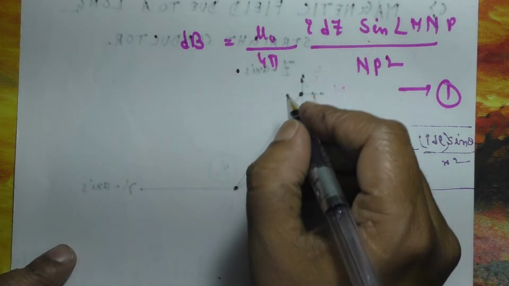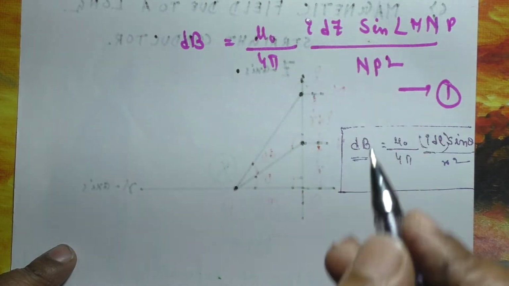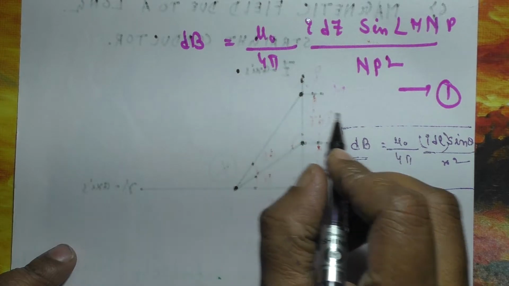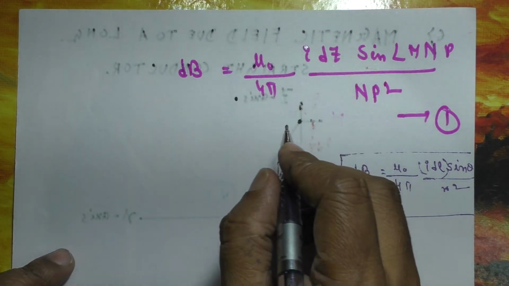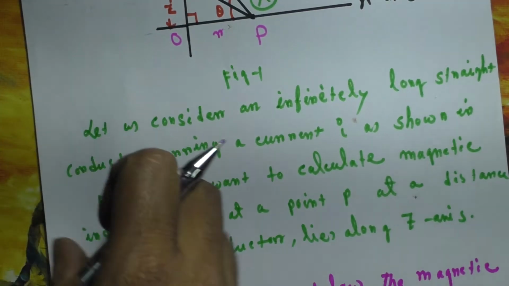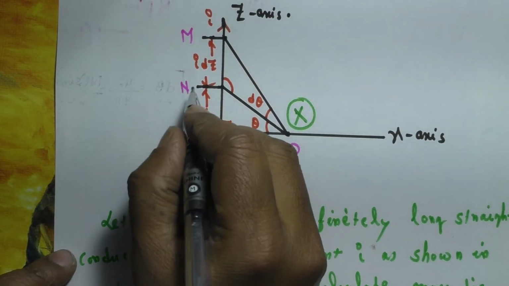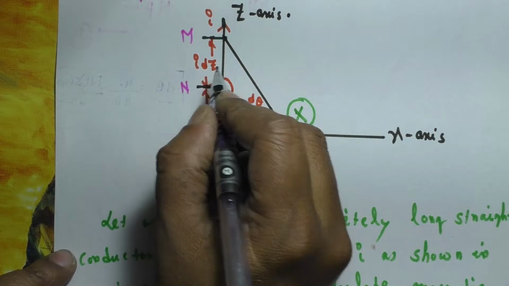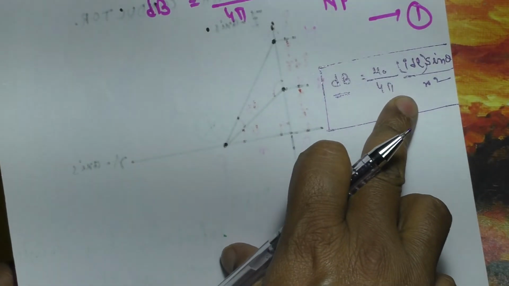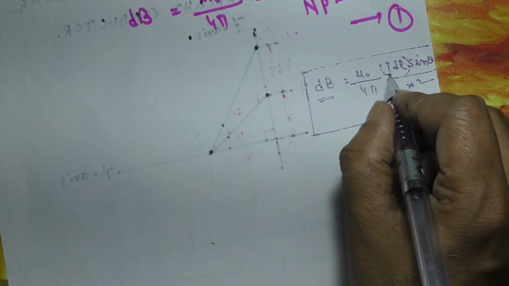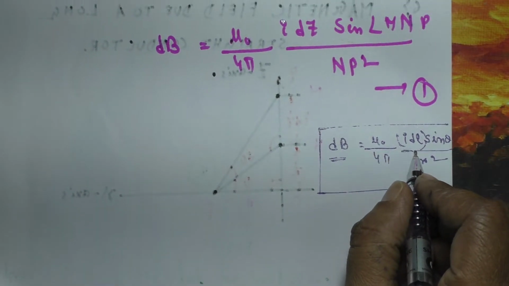Here, comparing with this equation, we can write the magnetic field at point P due to the current element I dZ in place of I dl.